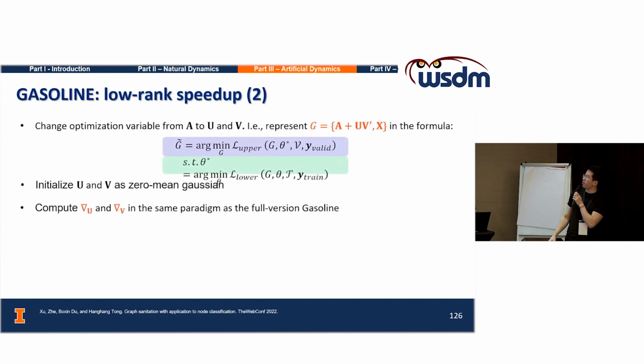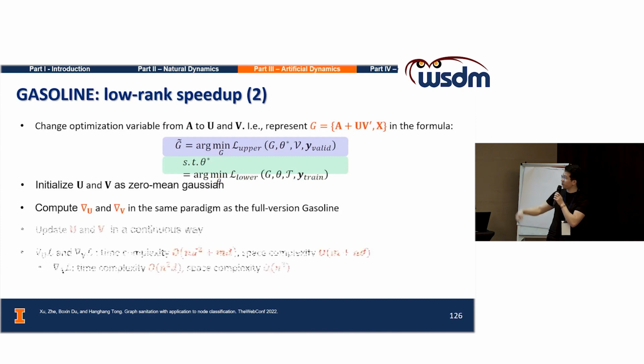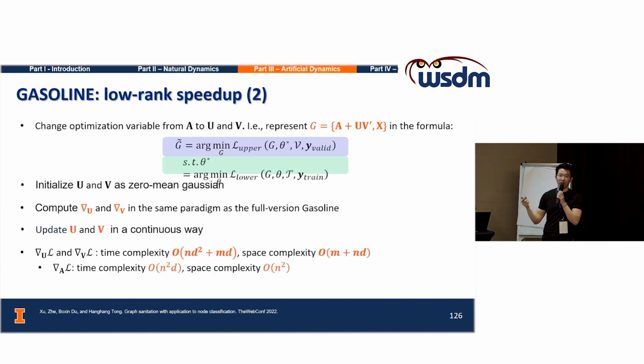So in our problem, we initialize those two low-rank matrices as zero-mean Gaussian matrices, and we almost do not change anything about our framework. We directly change the representation of the graph topology and use the same method as I just mentioned in our overall framework. So we can get the hypergradient of the upper-level problem with respect to the low-rank matrices U and V respectively. And then we can update those low-rank matrices U and V in a continuous way, as we did for the adjacency matrix.